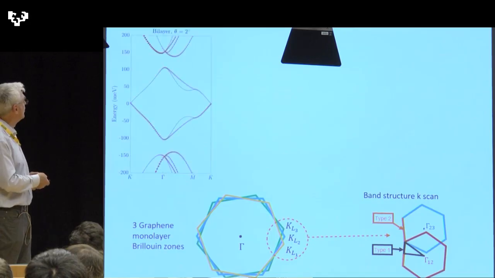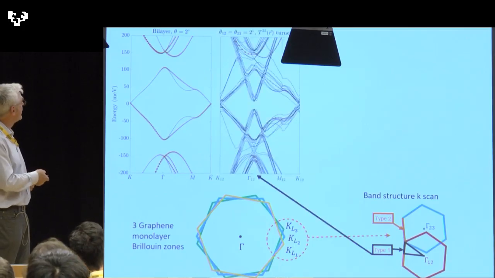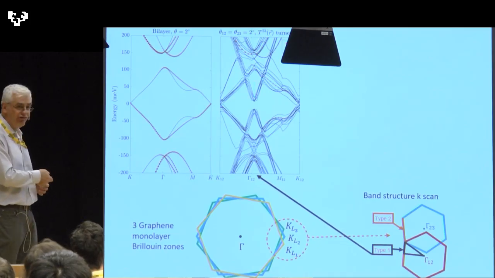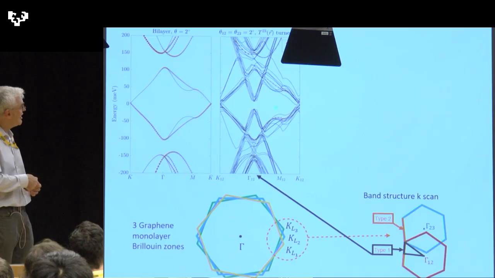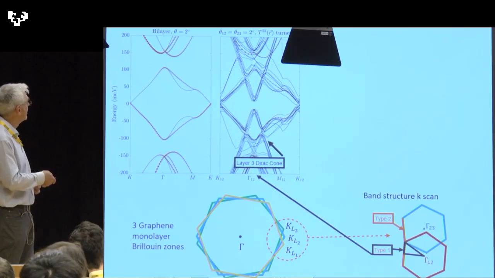And just to leave you with one last impression, this is the band structure for bilayer graphene at 2-degree twist. So this is the tri-layer with the coupling between layers 2 and 3 turned off. So you see roughly the same bands here from the bilayer, and the third layer produces a Dirac cone. So this is one particular scan along the Brillouin zone, the effective Brillouin zone.